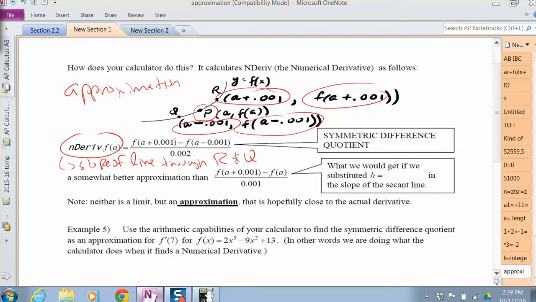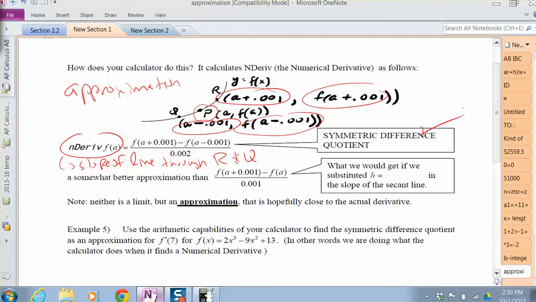That's how you get 0.002 on the bottom, and up top we have f of a plus 0.001 minus f of a minus 0.001. So that's called the symmetric difference quotient. I guess it gets the name symmetric because you're picking 2 points that are of the same distance away from P but in opposite directions. Maybe that's why it gets that name.